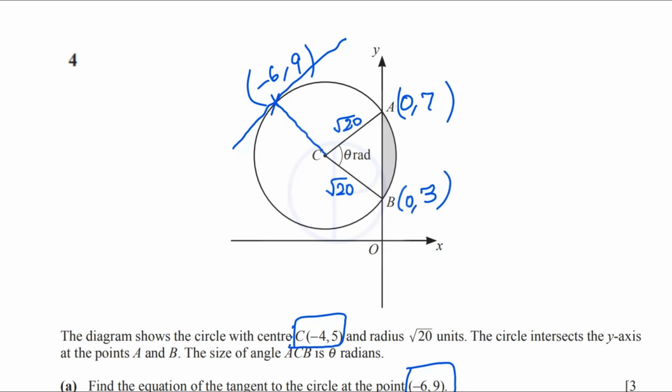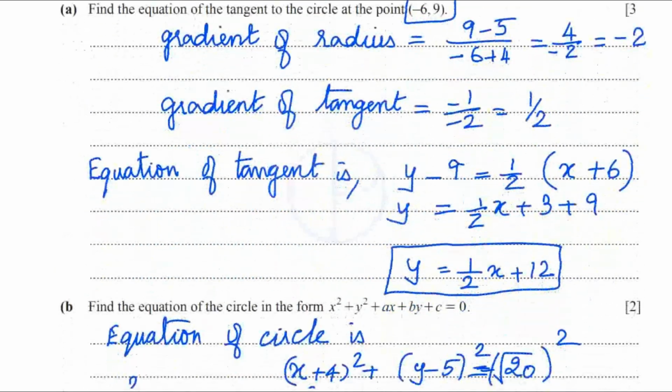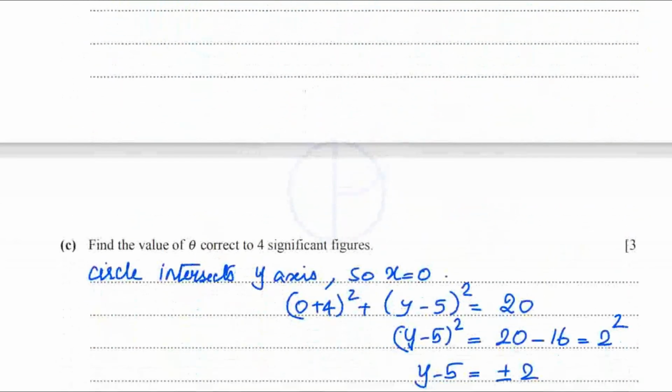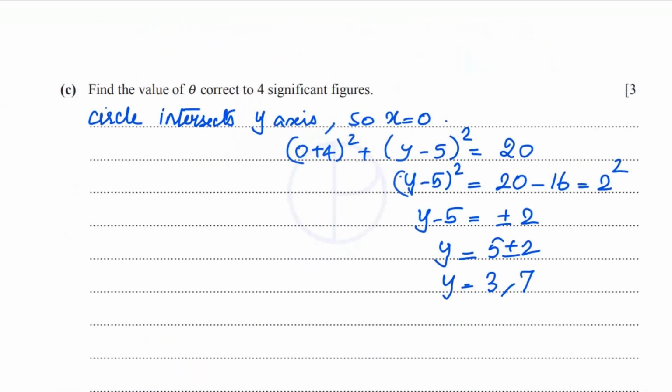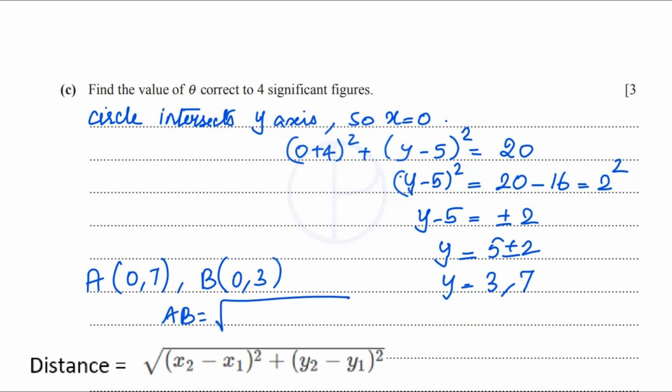Now let's find the distance between A and B. So AB is square root of (0 minus 0) the whole square plus (7 minus 3) the whole square, which is square root of 16.